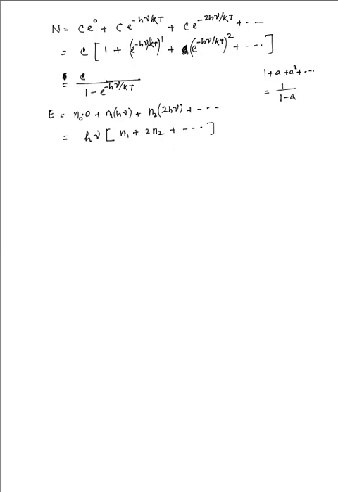Remember, n1 plus n2, and if we substitute their original values, for n1 we had C e to the power minus h nu divided by kT, and I take the C outside as common for all of them.